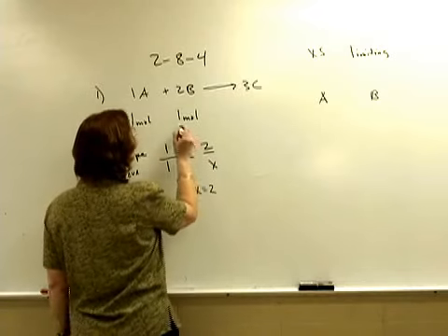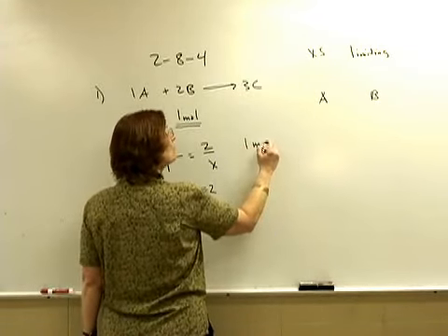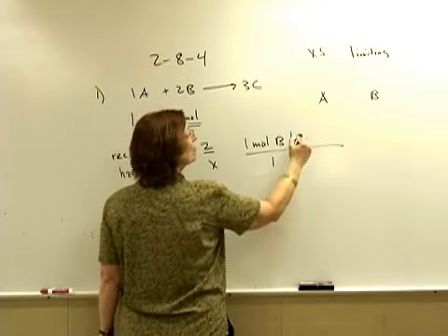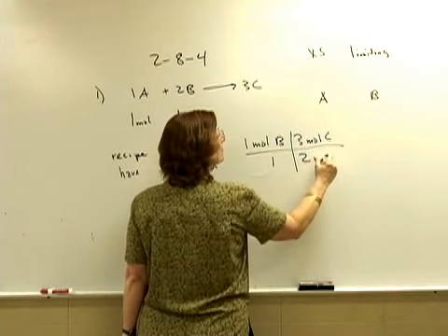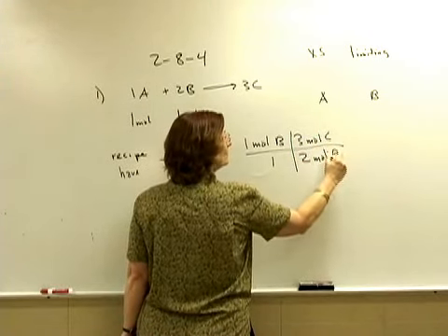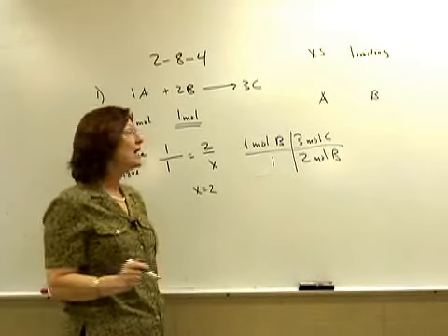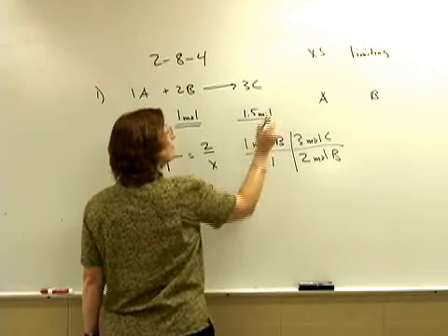So I then use my limiting reagent, and I say I have 1 mole of B, and the mole ratio is that there are 3 moles of C for every 2 moles of B. I use the molar ratio in the balanced equation, and therefore I will produce 1.5 moles of C.